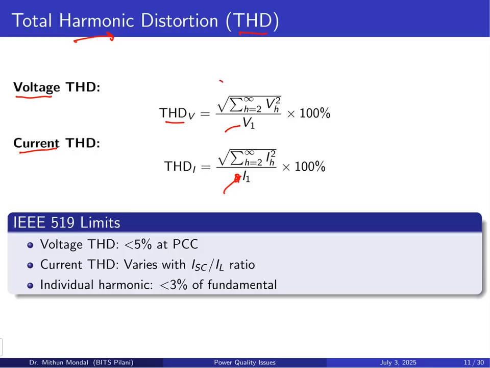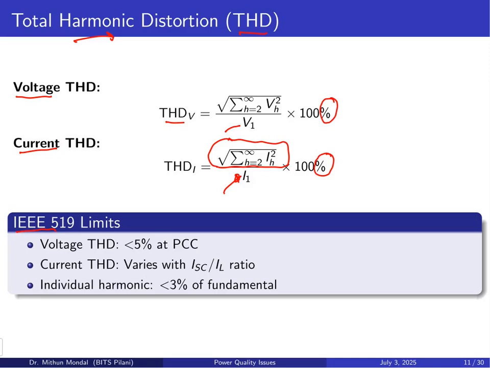In the numerator, we have the harmonic components from 2 to infinity, the summation of the squares of those components. We measure it as a percentage, so it is multiplied by 100%.